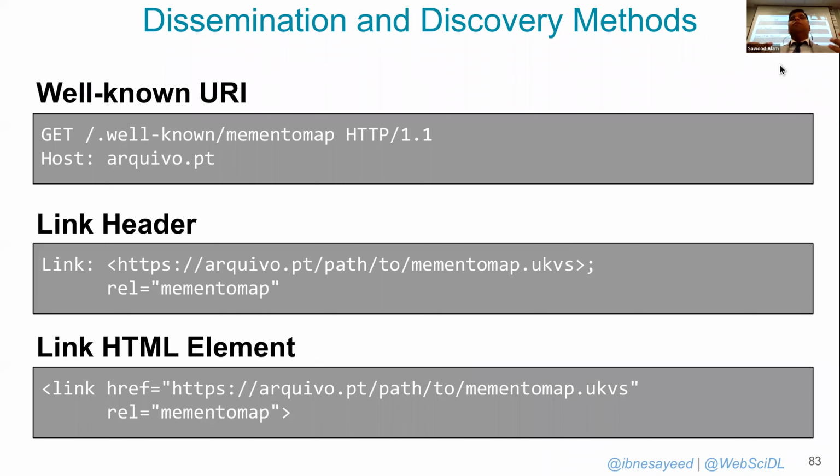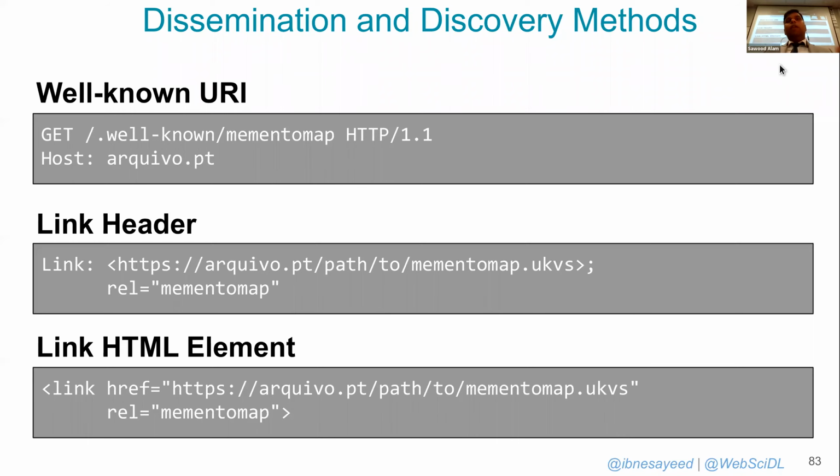So how do we disseminate once we have these MementoMaps created? Once standardized, well-known URIs can be used where people can look to find MementoMaps of specific archives. Or if relationship types are standardized, then HTTP Link headers or HTML elements can be used for the same.